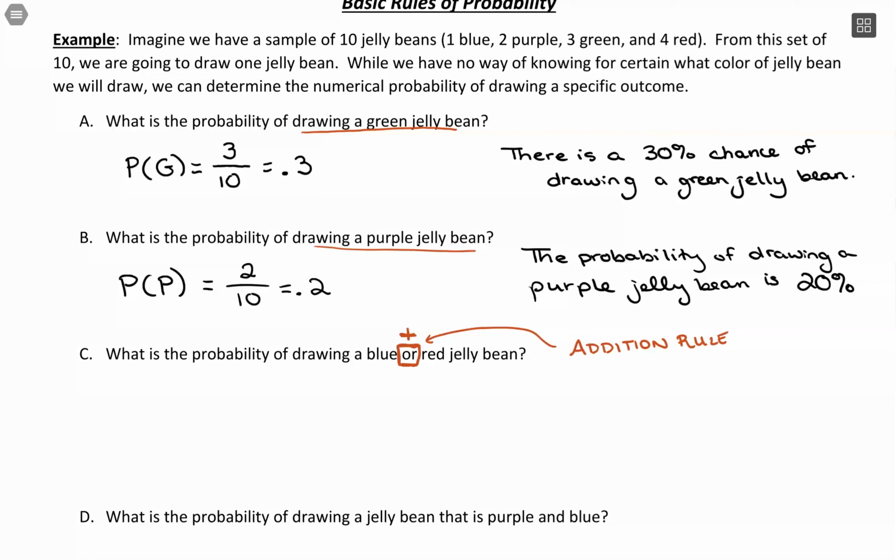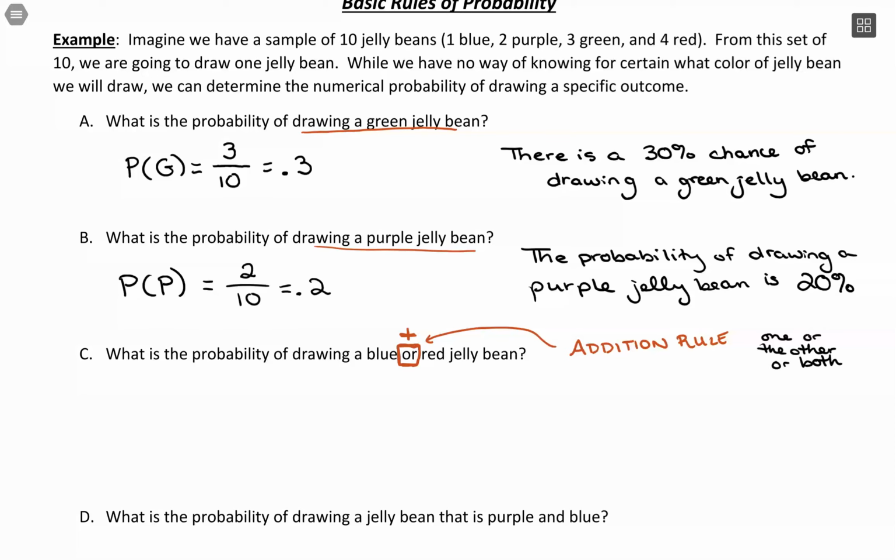In statistics, how we interpret or is a little different than how we interpret it in English. When we see or, you want to think of one or the other or both.